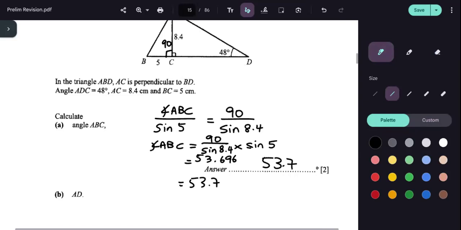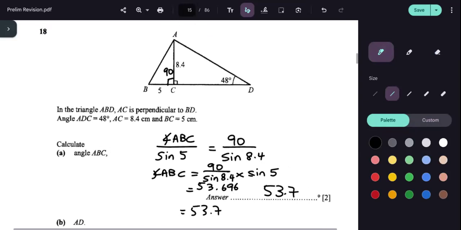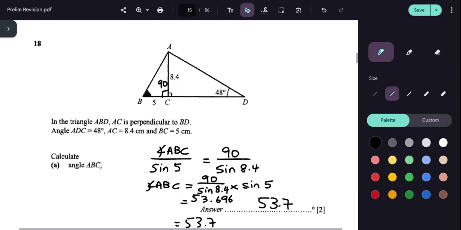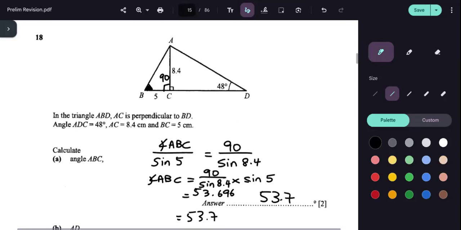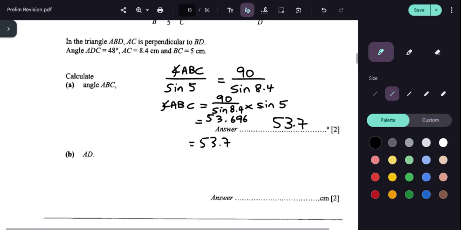Okay, next question. Now we find out angle ABC, which is this thing here. Now we need to find the length of AD. You have two angles and one side, so you use cosine rule.